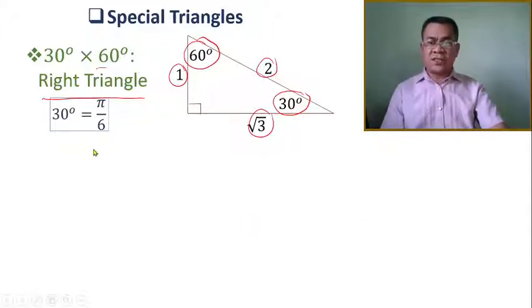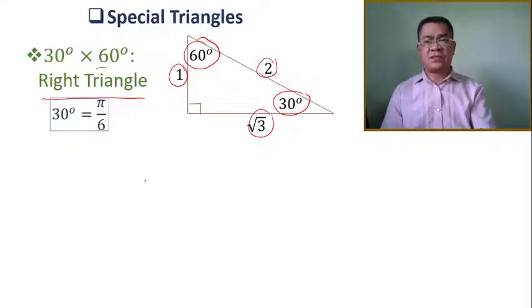Okay, now for the 30 degrees, remember it is pi over 6. Pi over 6 is 30 degrees. Now remember that 1 pi radian is equivalent to 180 degrees.